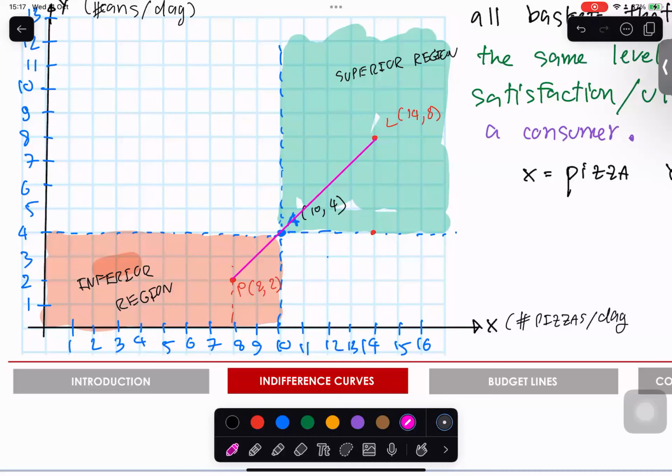Read the definition on this slide and tell me whether you agree or disagree, and why. Tell me whether this curve complies with the definition or not. Why?